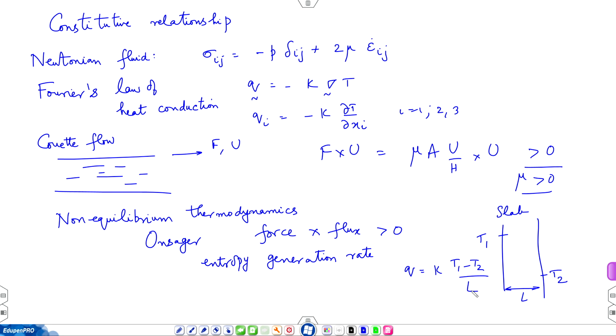So, here the forcing function is temperature difference. Okay. So, in fluid flow you can think of force or pressure or shear stress. So, stresses are the forces. Here temperature plays the role of force. Okay. Temperature difference. Okay. And the flux is the heat flux, the energy transported through the slab, and force times flux will be K (T1 minus T2) square divided by L, which is greater than 0.